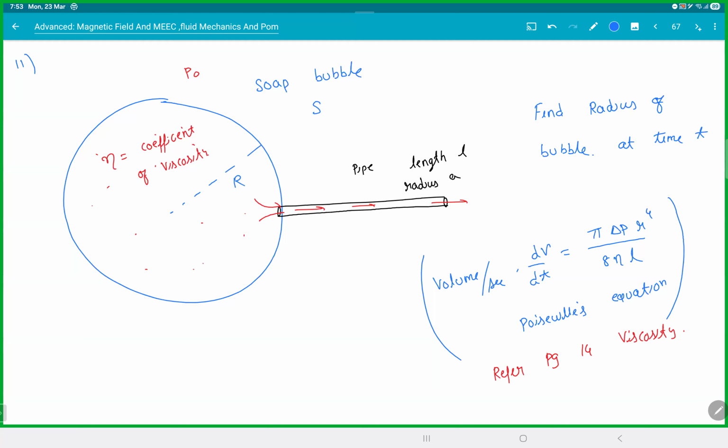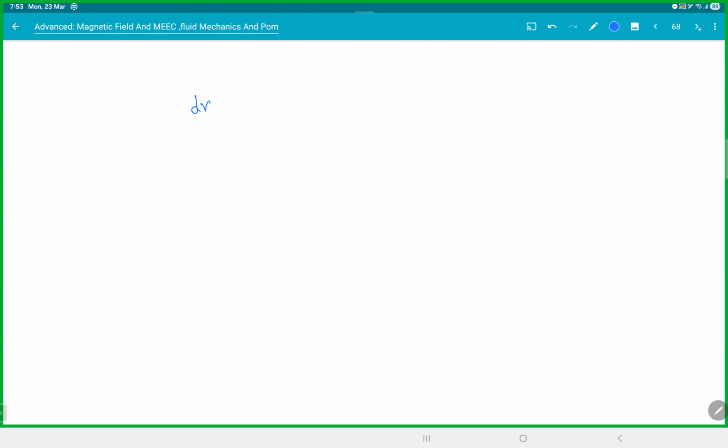So dV by dt is pi, delta P is P naught plus 4s by x, let the radius be x, minus P naught, times a power 4 by 8 eta L. And dV is what?